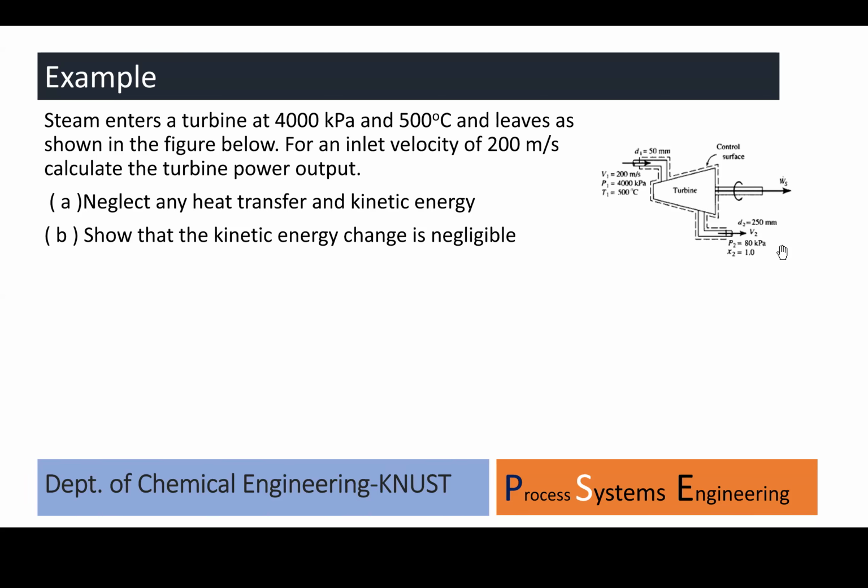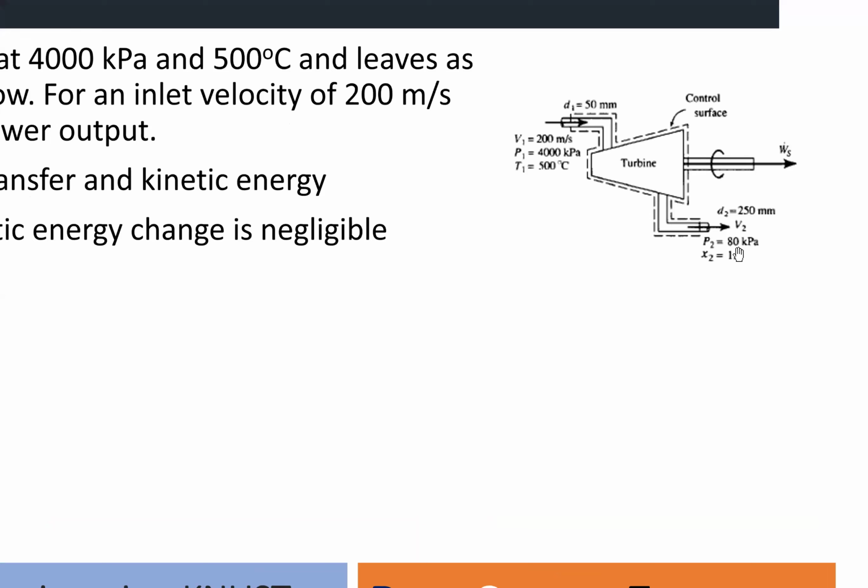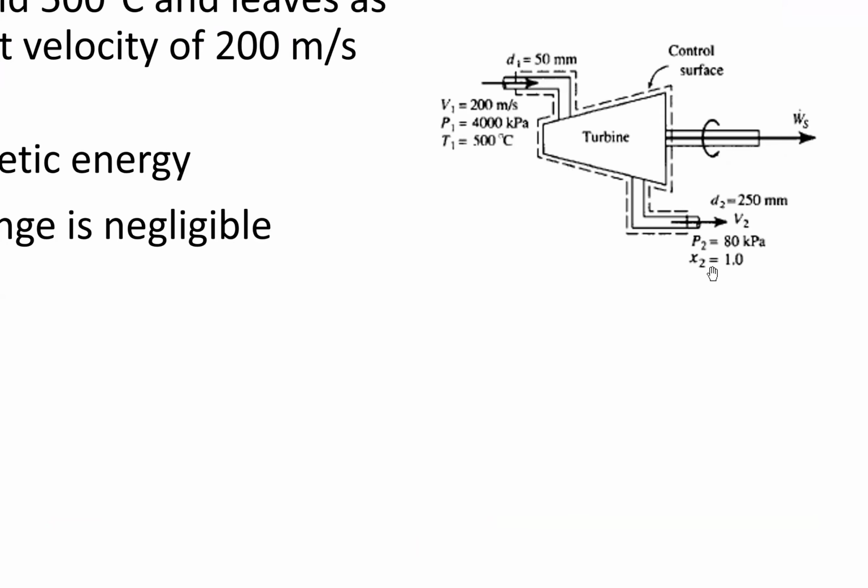We can also go to the steam table and then read the saturation temperature at this point. So here we are told that the quality is 1. It means that it is a vapor, right? It is a pure vapor. So we can also tell that we are dealing with something that would be saturated or could be saturated.